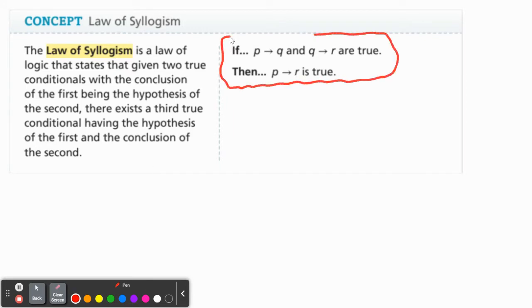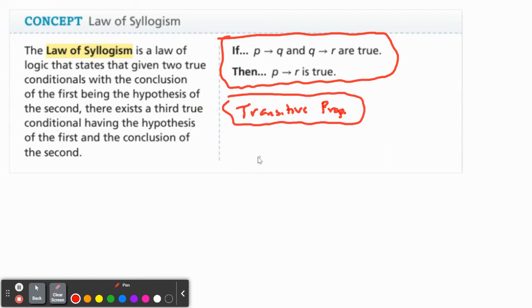So you're given two true conditionals, if P then Q and if Q then R. Because those are both true, you can connect the P to the R. I think of this as the transitive property. If you remember that from the very first lesson with segments and angles, the transitive property.